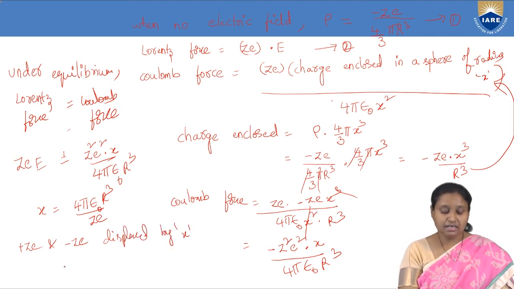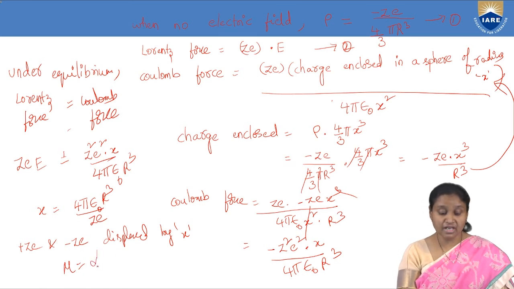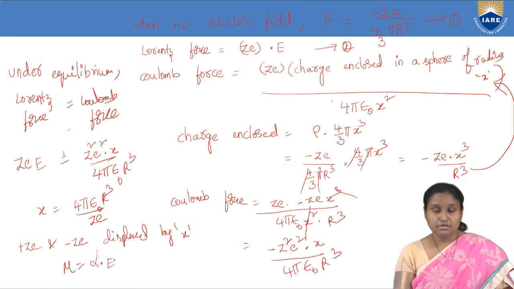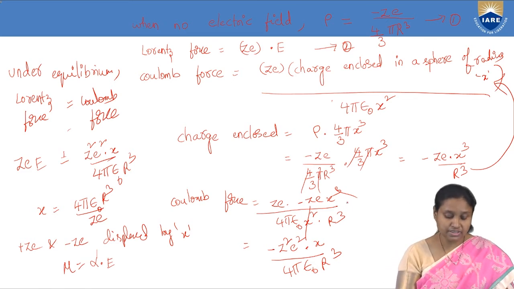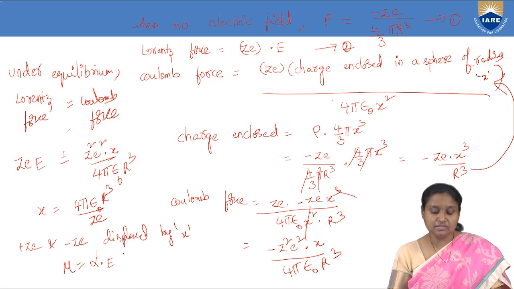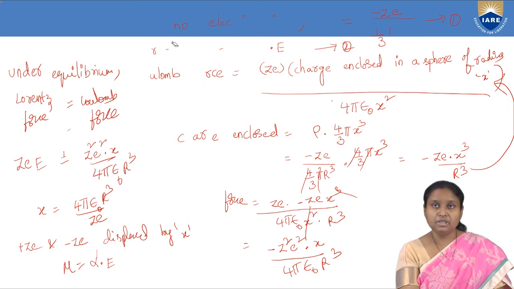So in that case, our induced dipole moment mu is given as alpha into E. So this is the induced dipole moment in terms of polarizability. And there is one more definition for induced dipole moment.